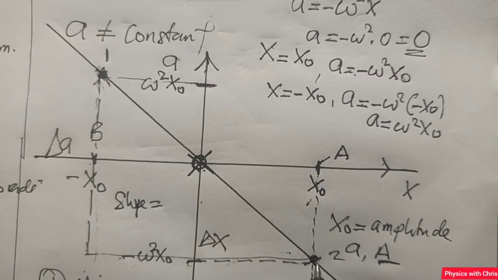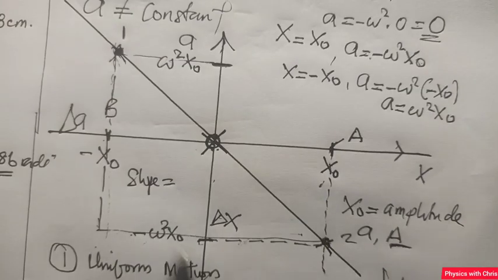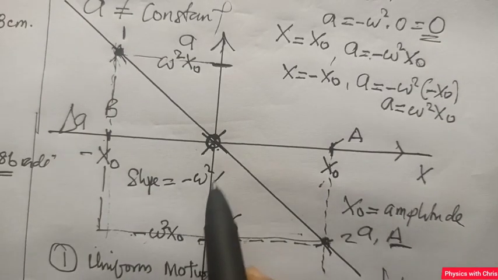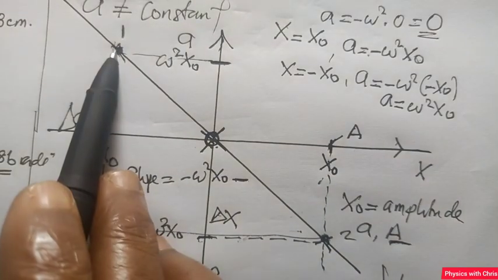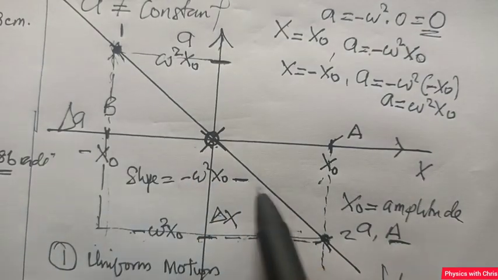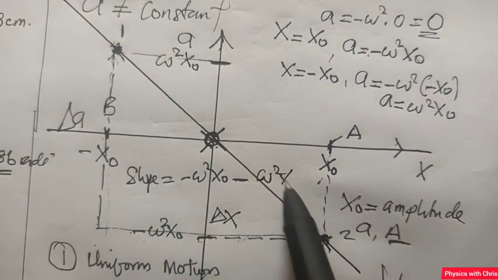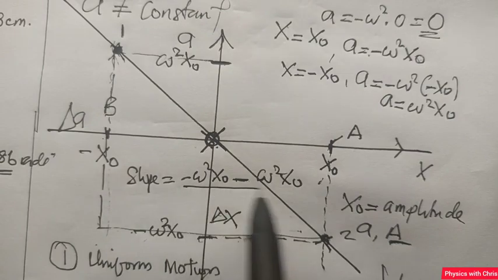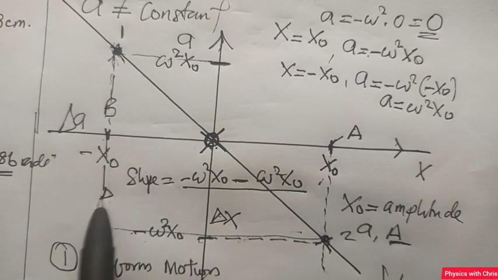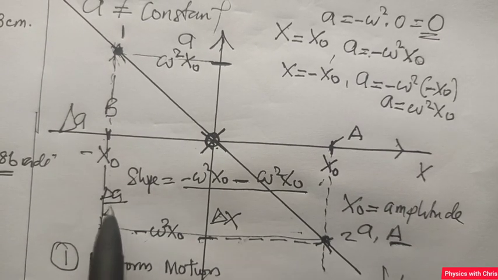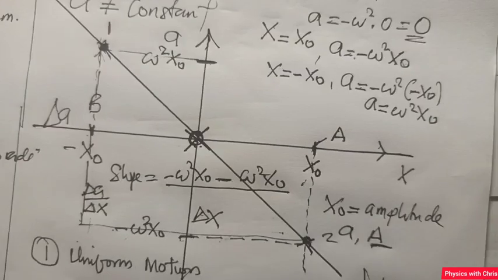Come to point 2, that is a2. A2 was minus omega squared x naught, minus what was my a1, or point 1? That's a1, omega squared x naught, divided by, what is my x2? Because I'm going to have change in acceleration over change in displacement. That's how we define the slope.